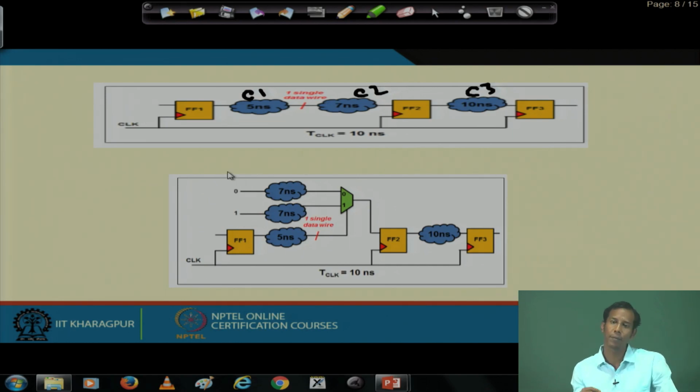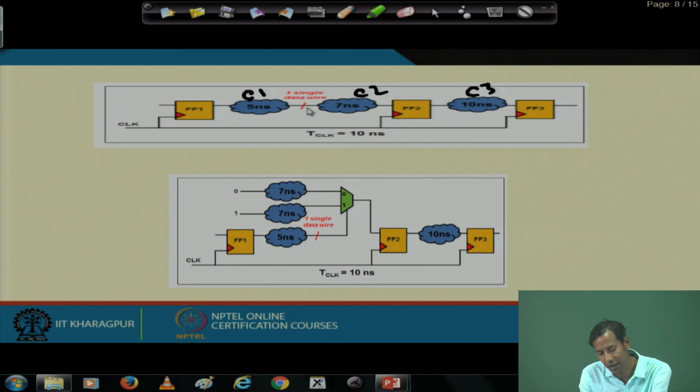From the beginning, I just copy this combinational part twice. One thing is that I do not have any area restriction, I only have the speed restriction. That means the frequency or speed I need to improve, and area requirement is not that constrained. Only then can I do this, otherwise I cannot. So I will compute the 5 nanosecond and 7 nanosecond parts in parallel.